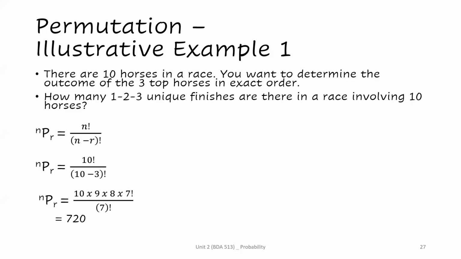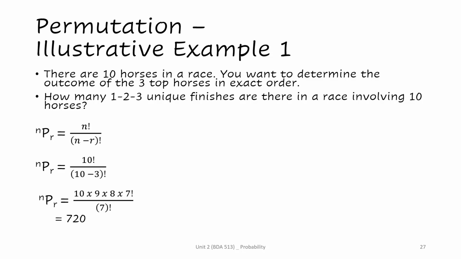So any question about this? The main difference between permutation and combination is that with combination, we are dealing with the size as a group, not in any order, whilst with permutation, you'll be dealing with ordered lists.